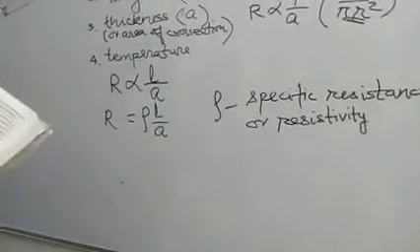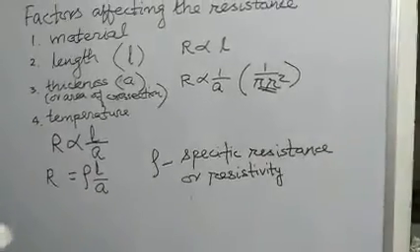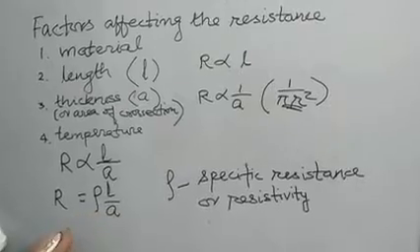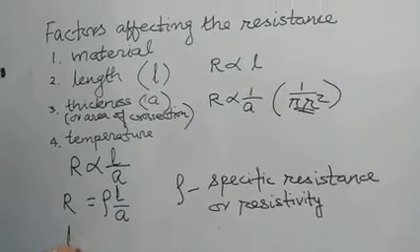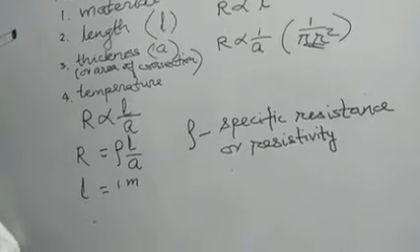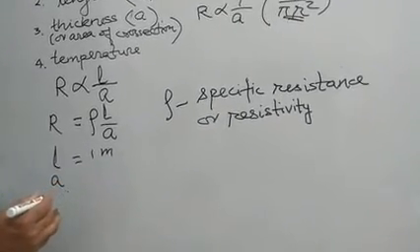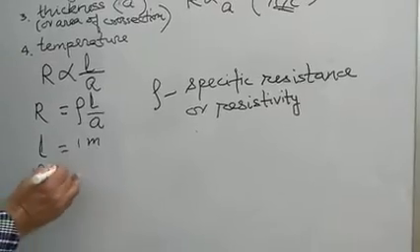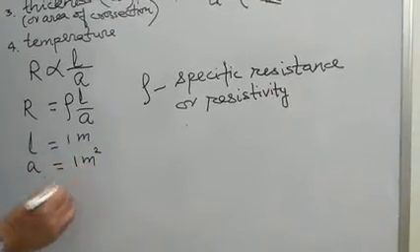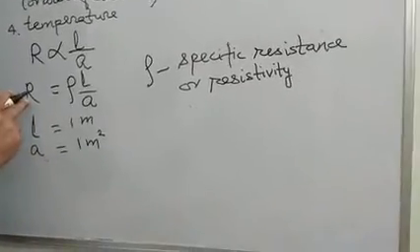what you conclude now, finally, I'm going to bring this to an end now. Here, if you substitute things like this, if I put length equal to 1 meter, area of cross section also 1 meter square, and then what happens?